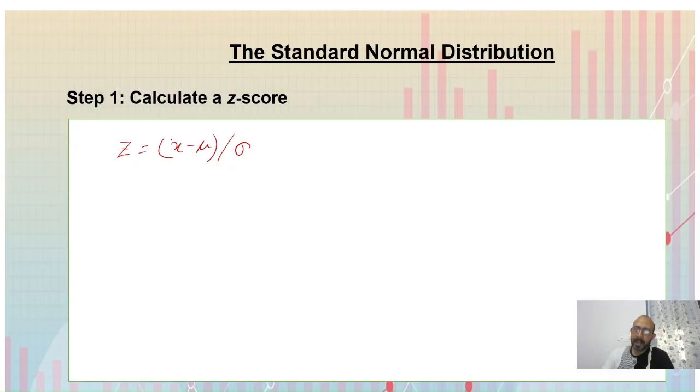Here x is the sample mean, mu is the population mean, sigma is the population standard deviation.